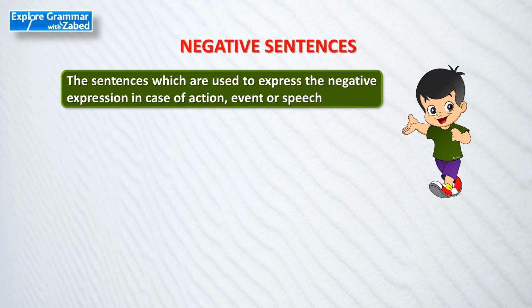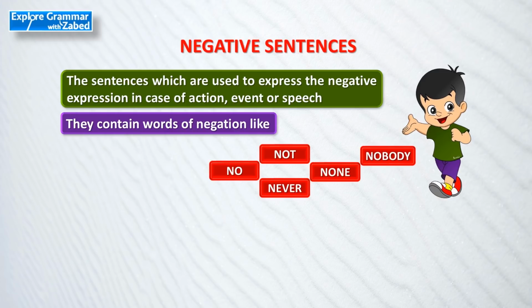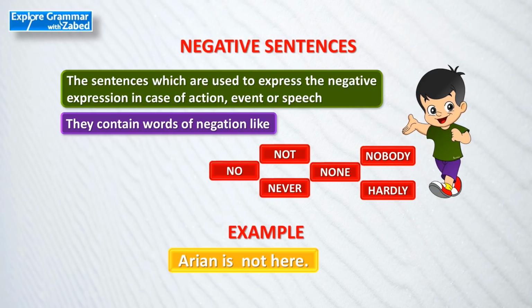This type of sentences contain words of negation like no, not, never, none, nobody, hardly, etc. An example of negative sentence is Aryan is not here. Take a note. The word of negation not has been used in the sentence to make it negative. As you have got to know about affirmative and negative sentence by now, I hope you have no problem recognizing them in a sentence.